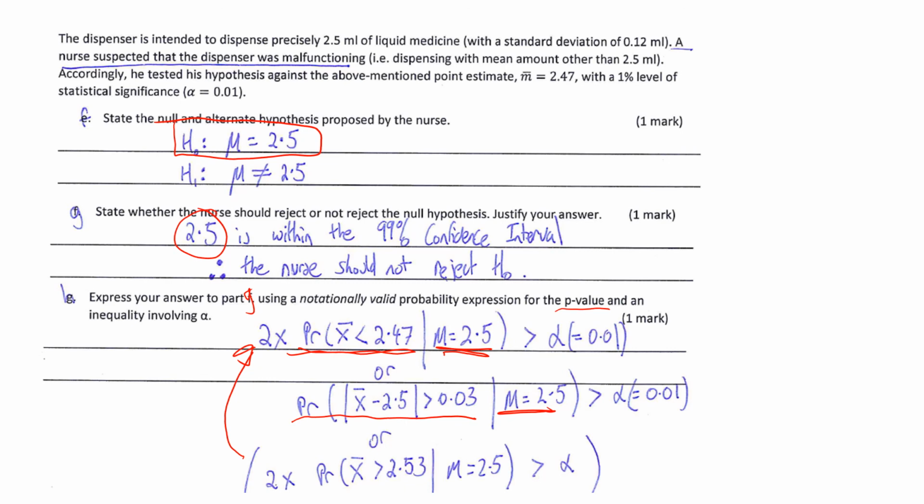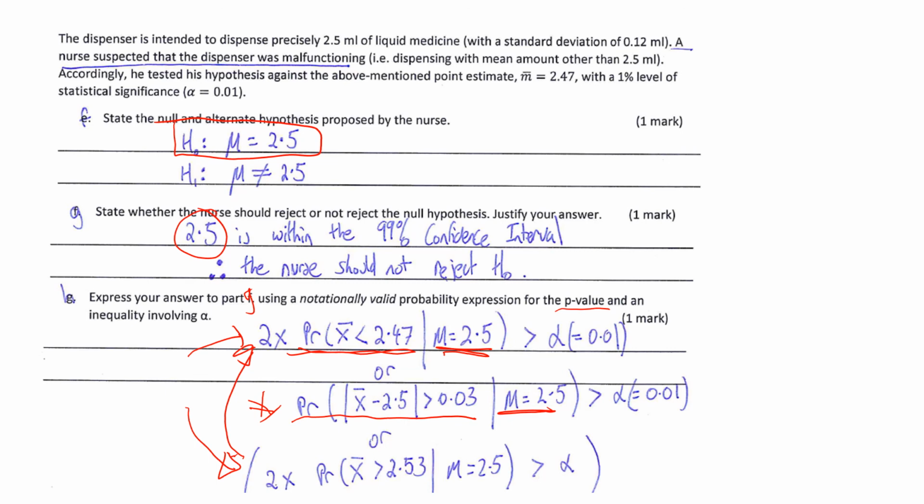The bottom end of the tail is the more sensible way to express it, given that our point estimate was below the mean. Nevertheless, you could have equally expressed it using the symmetry of the normal distribution as 2 times the top tail, or you could have just used this notation of the distance of the sample estimate being greater than 0.03.